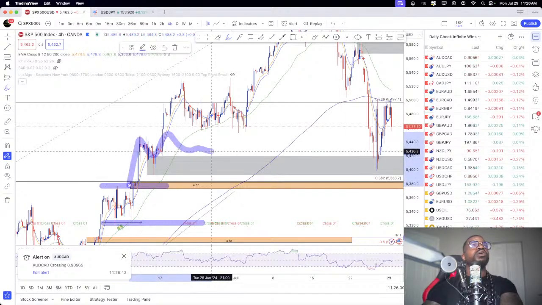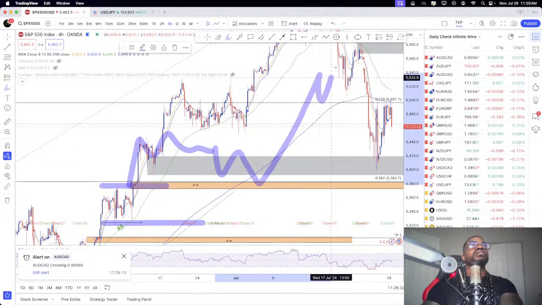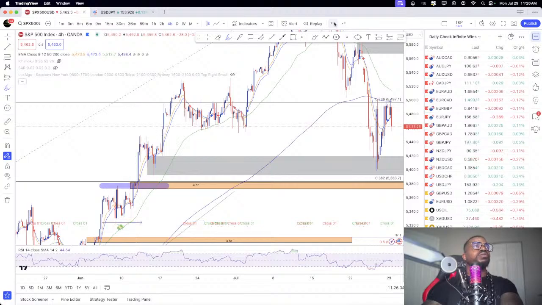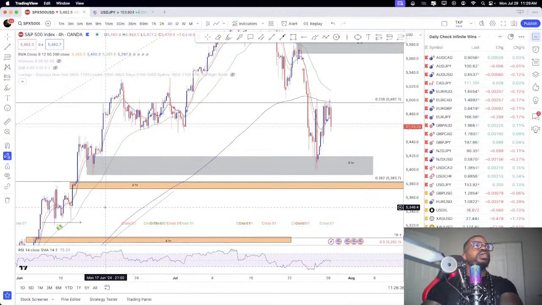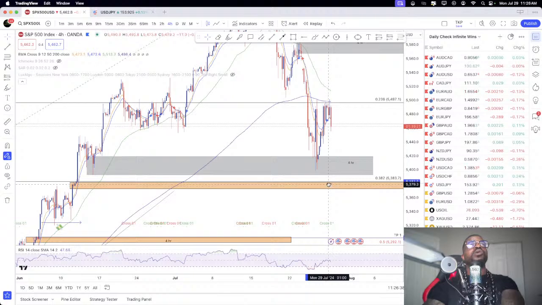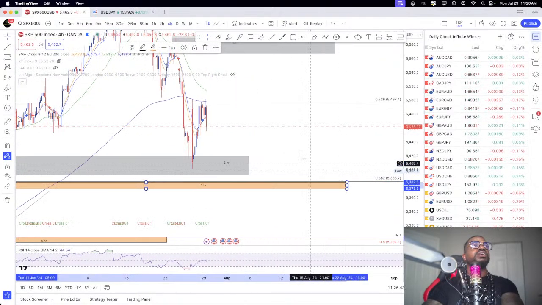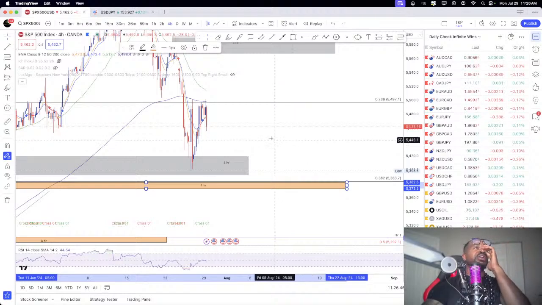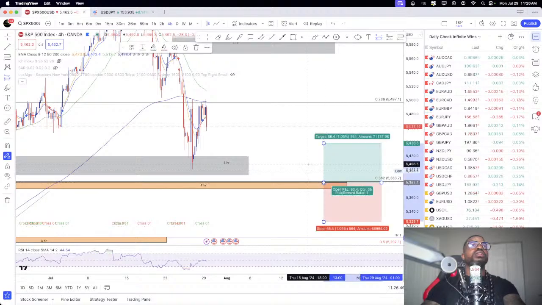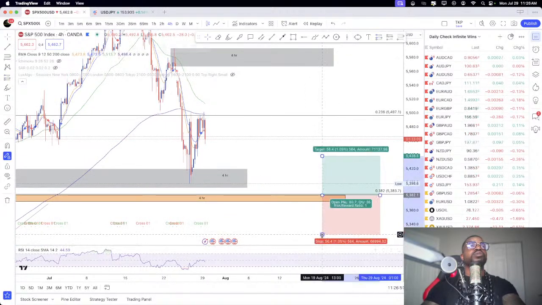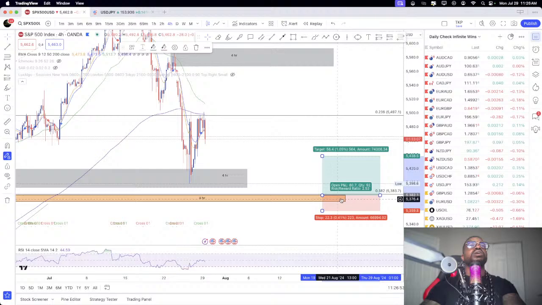Once we get that break above, typically we wait for the retest to take the move in the opposite direction. But that move never happened, or it hasn't happened yet. So we could definitely look at this as an entry to catch a pullback on S&P 500.